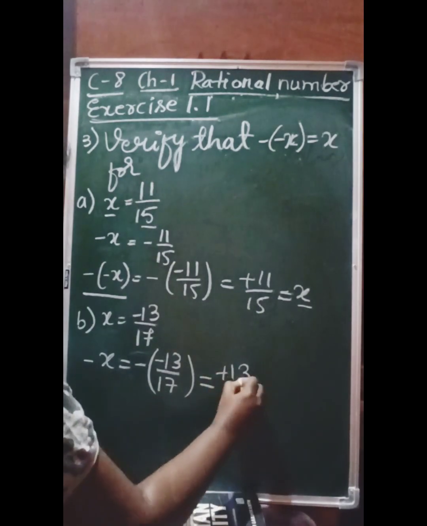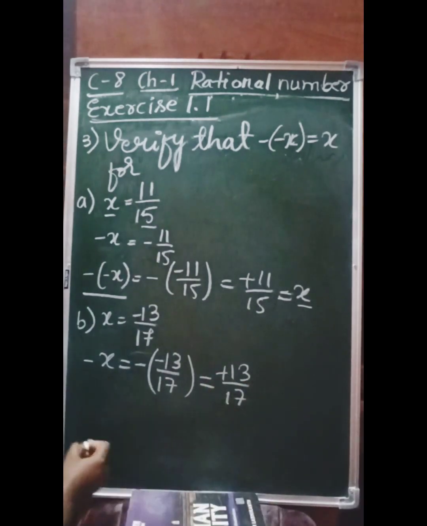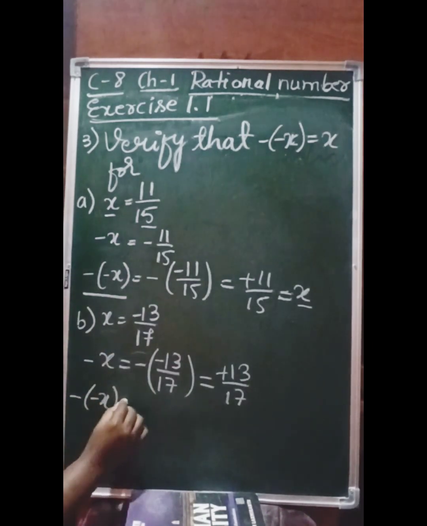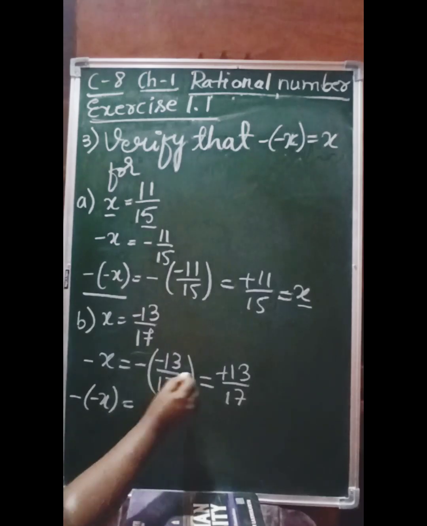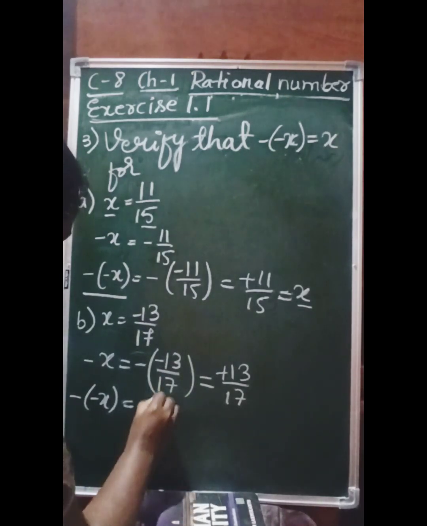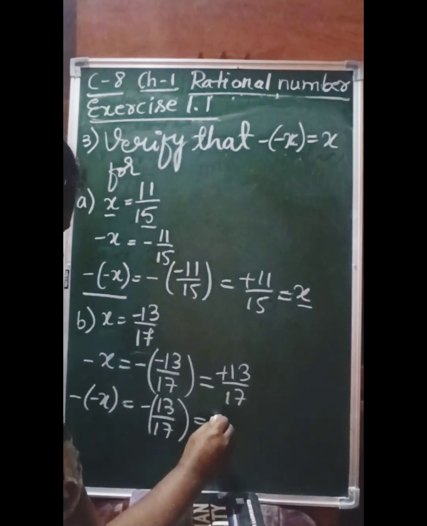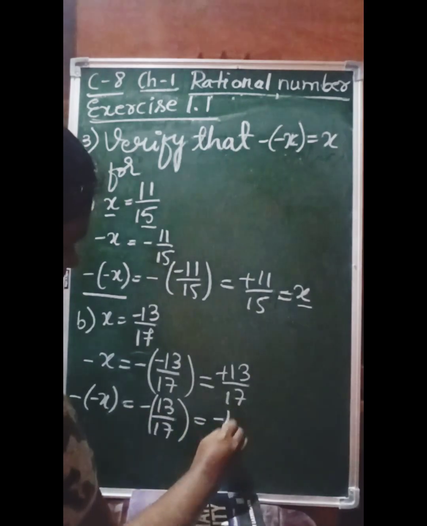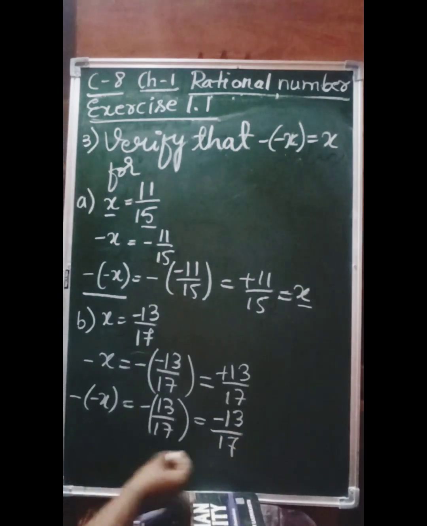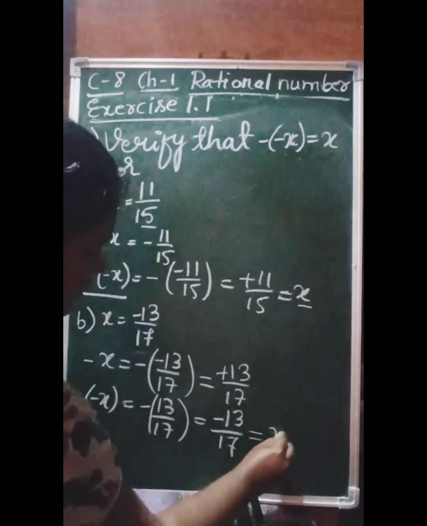So plus 13 by 17. In the next step we have to multiply one more negative to the minus x. So here also multiply negative to plus 13 by 17. So what you will get, it is minus into plus is minus 13 by 17. See, this is the value of the given x.